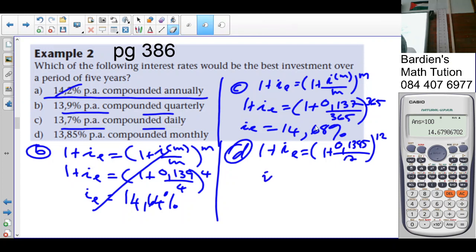So your effective rate would be, open brackets, (1 plus 0,139585 over 12) to the exponent 12, minus 1, times 100. It's 14.76%.